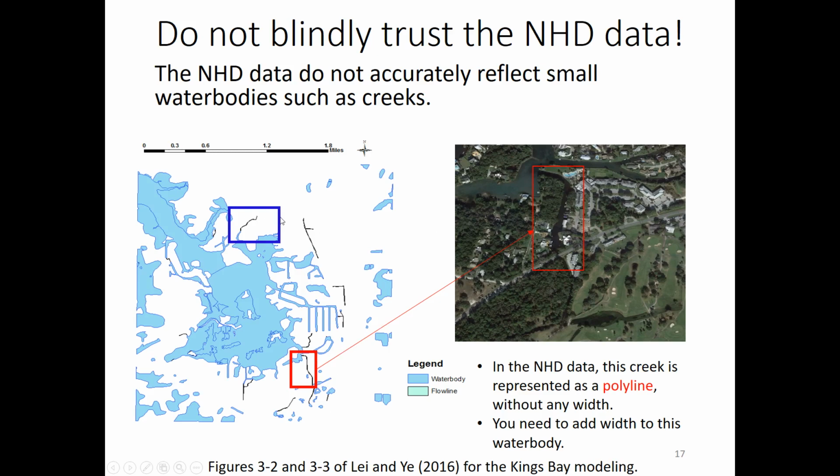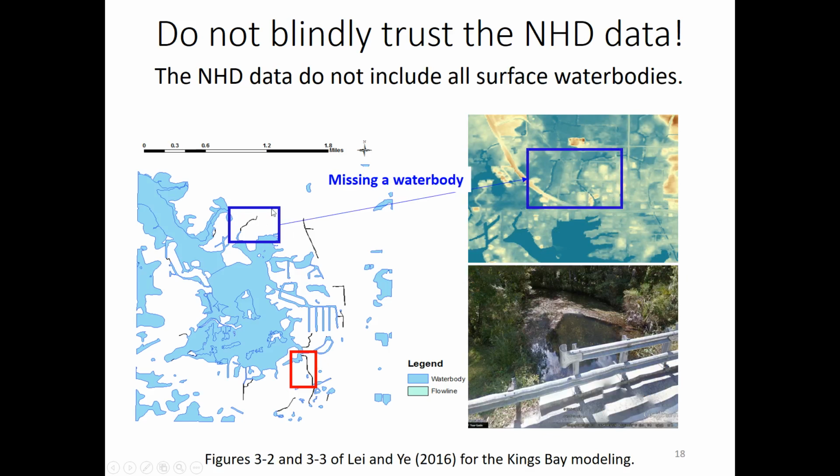Another problem is missing water bodies. Look at this area. From this area, you see there is only one water body. Here is a water body with width. There's a line. But if you look at the DEM data we downloaded, which is 3 meter by 3 meter resolution, you can tell that this part corresponds to this part, but this part is not just a line.